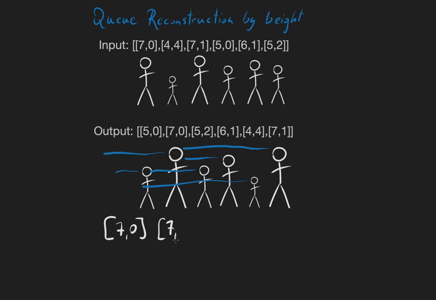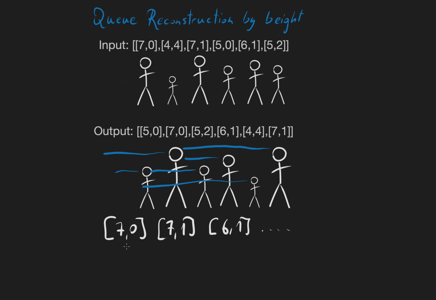We have this guy here, then the 6 feet tall guy, and so on. Now we sorted the array in place by the height first and the index second. We need to sort it in descending order, so the tallest people come first, and if we have multiple people with the same height, we sort by the second value in ascending order. So this is the trick here.